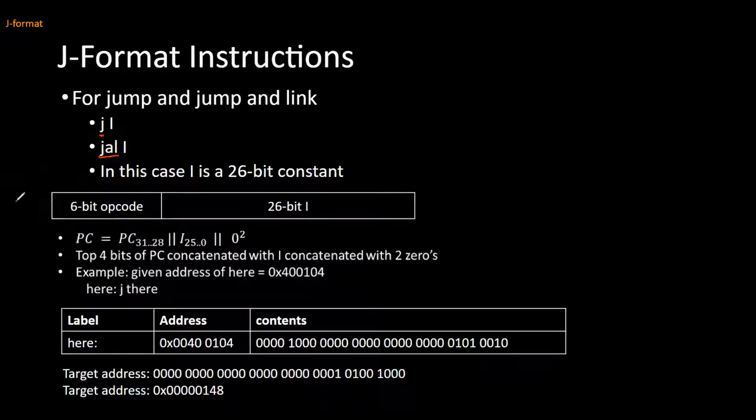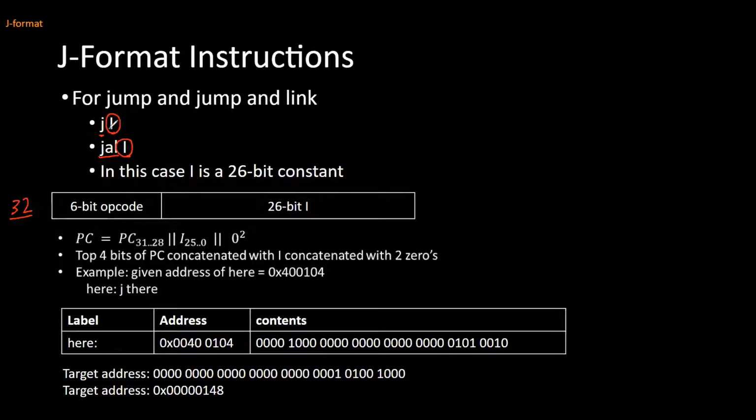And that means we're going to have 26 bits left out of that total of 32 bits. And those 26 bits can be any number that we want to represent. In this case, it is the label that is going to be converted to this number.